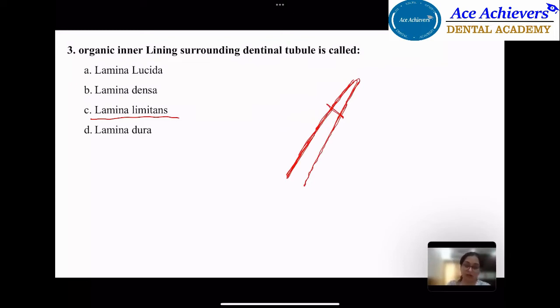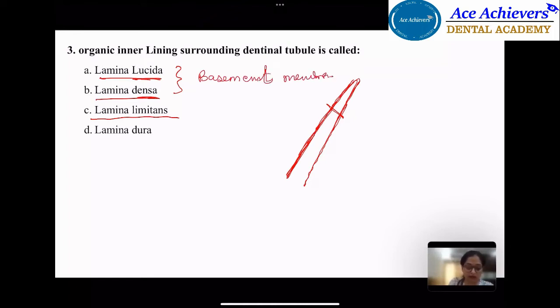Apart from that, you also need to understand the other options. When we talk about lamina lucida and lamina densa, remember both are parts of the basement membrane.